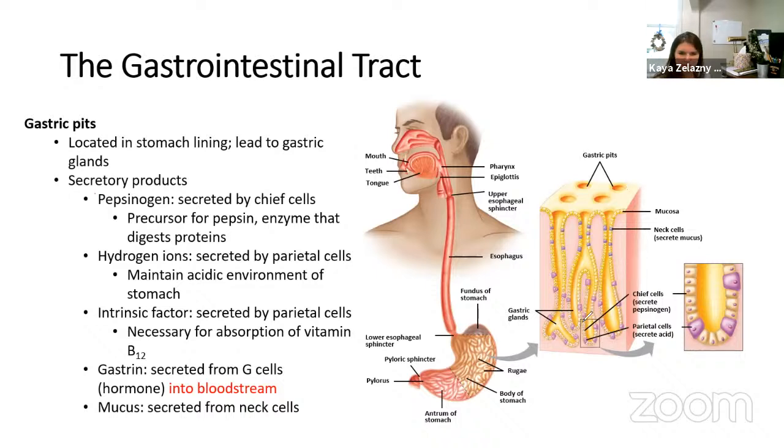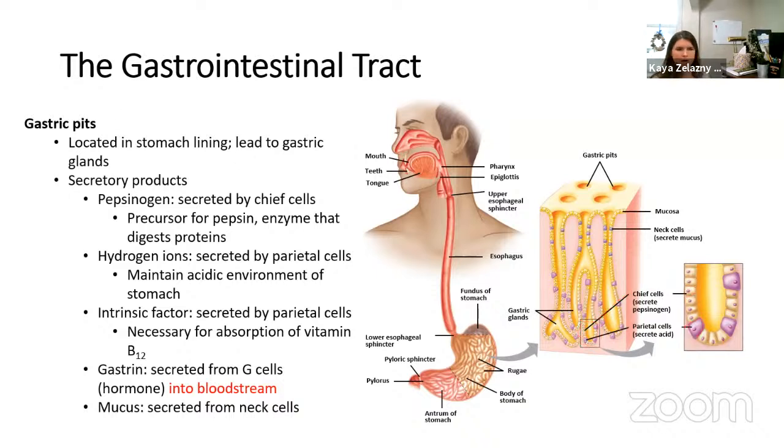So we can see we've zoomed in here on one of our gastric glands, and we have it broken out on the right here. We can see our chief cells, which are here in beige, and we can see parietal cells interspersed a little more distantly in purple.